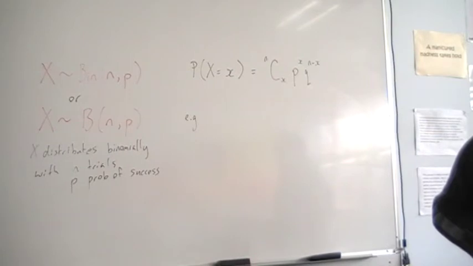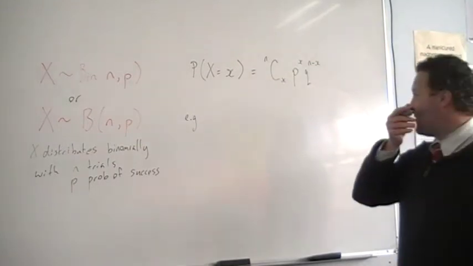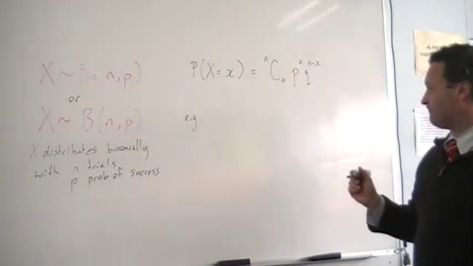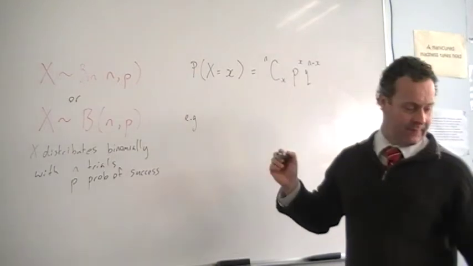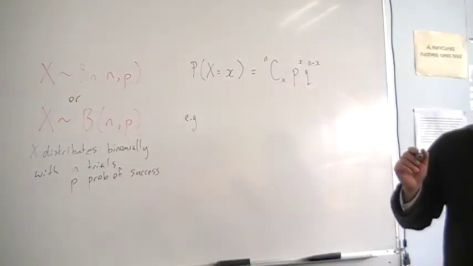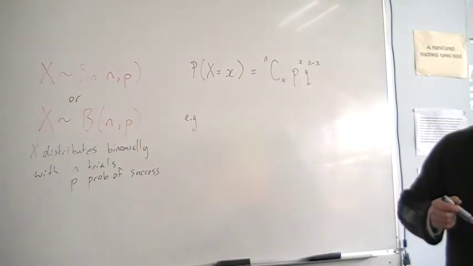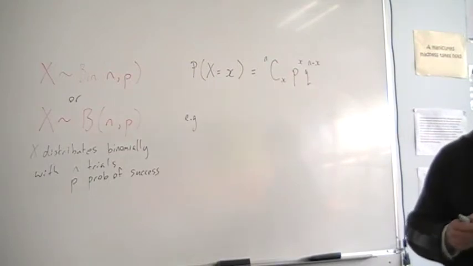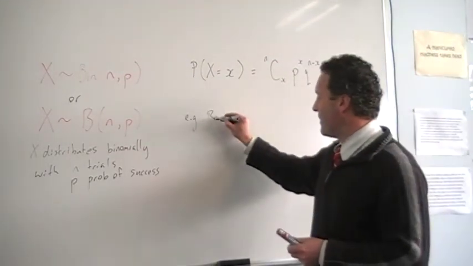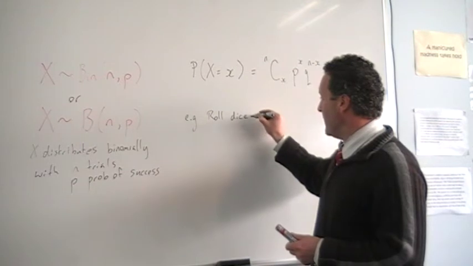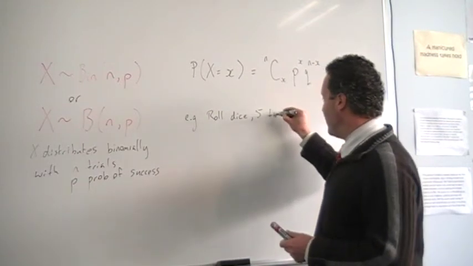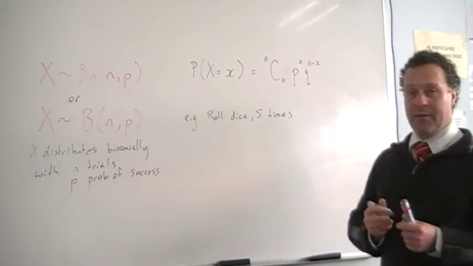Let's pick one from the book so I know the answer. I'm going to roll a dice 5 times.